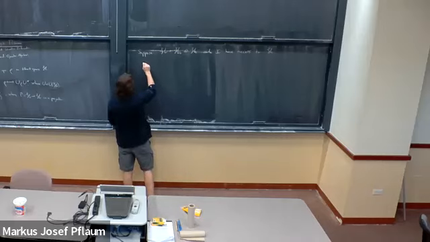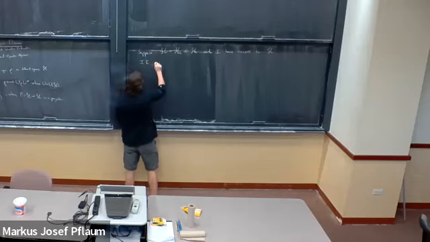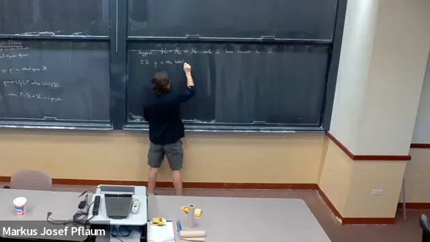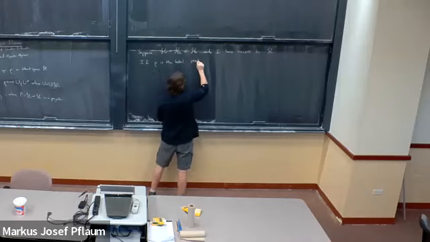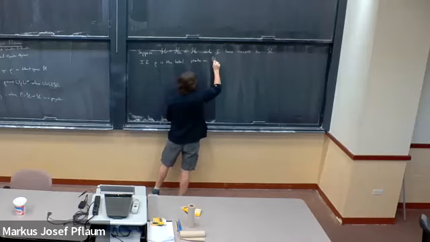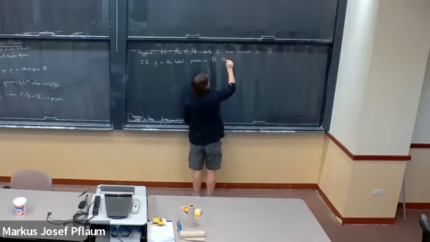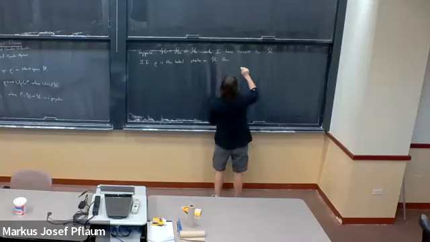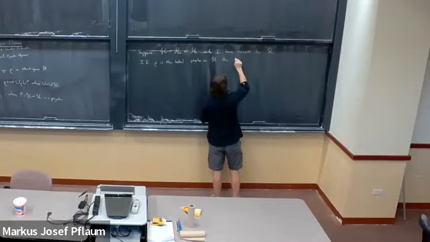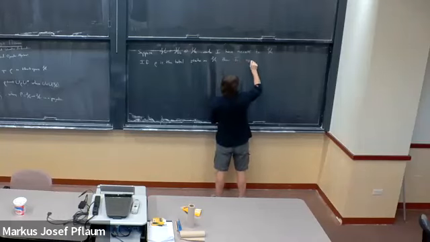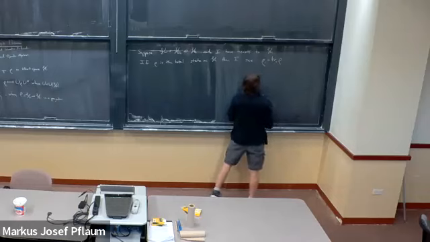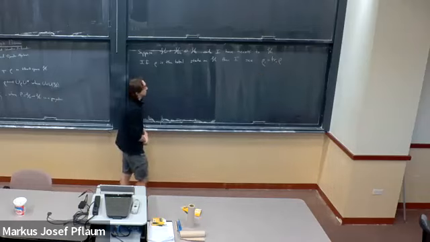Then how does the density matrix evolve? If rho is the total density matrix, the total state on H, then the state that I see by measuring H1 is the partial trace of rho over system 0.